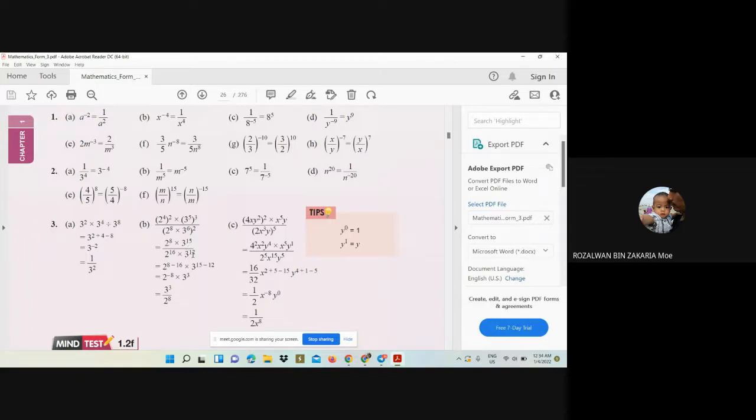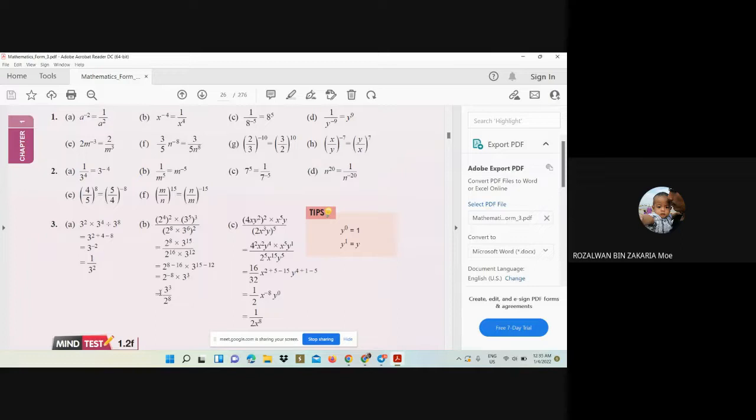So 3 power of 15 minus 12, because the index numbers have the same base and the operation is division, so the power you have to minus. So it is equal to 2 power of minus 8 multiply with 3 power of 3.